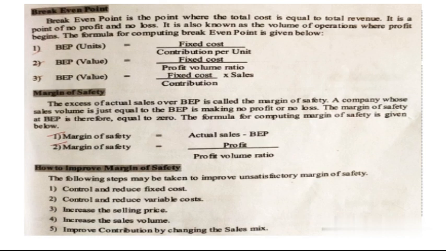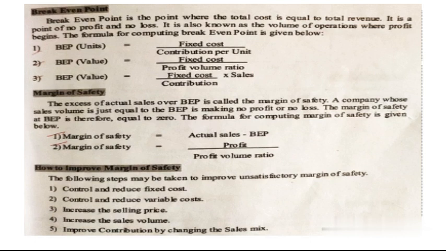Margin of safety: the excess of actual sales over break-even point is called margin of safety. The sales made more than the break-even point units is called margin of safety. It is the situation where you have produced more and you have escaped your loss situation. As I've told, break-even point is the units where you don't get profit or loss. If you have produced more than the break-even point units, you are in the margin of safety line.